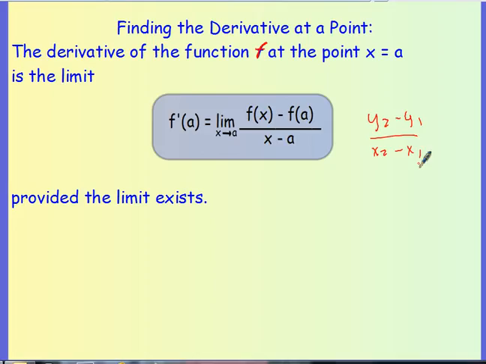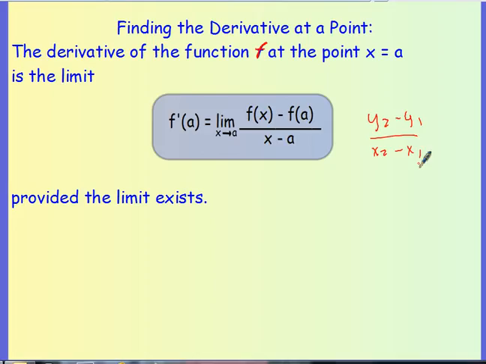What does this represent? Slope. What does the derivative represent? Slope of a tangent line. It's literally the same thing. Okay? What's the only difference between this and this? So that's the difference. This is slope of a line.